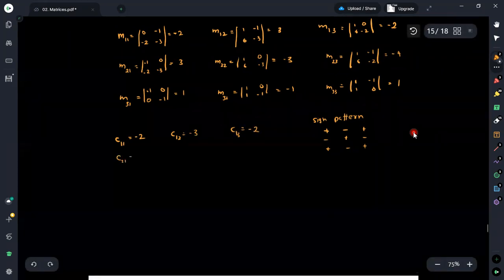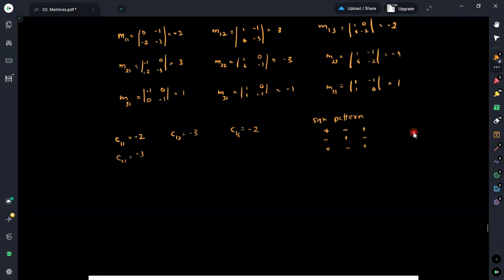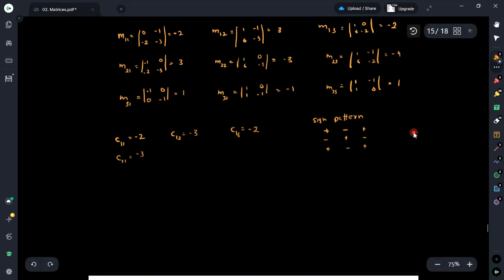Then C21, 3 times minus, it is minus 3. Then C22 value, it is plus with minus 3.